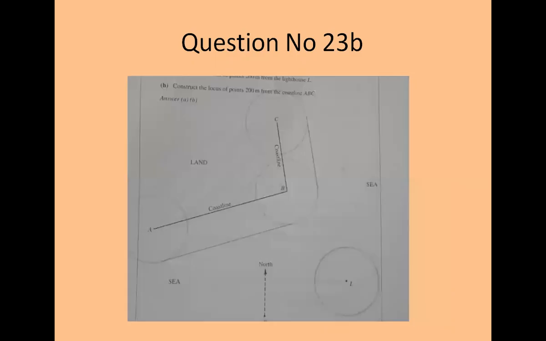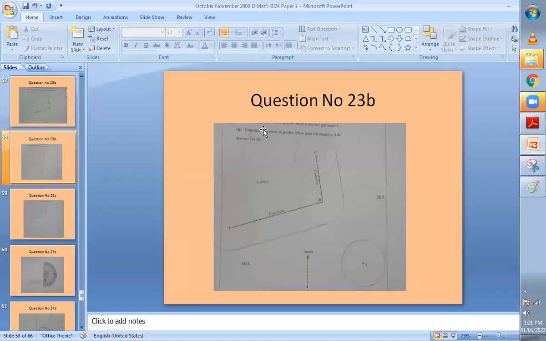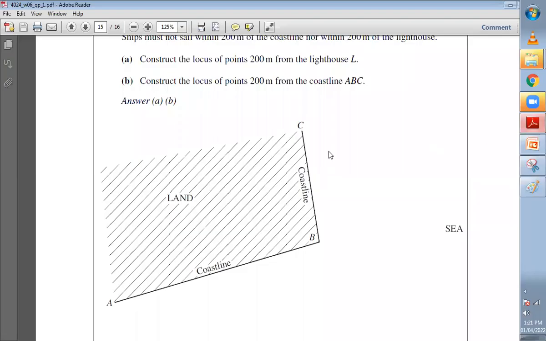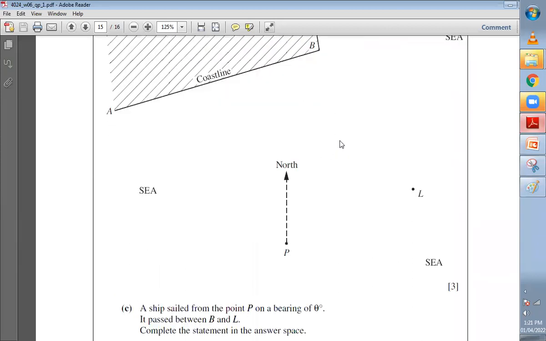Then I will draw a tangent to them. So you can see here we have drawn a tangent, and this is a curve. And here I have drawn a tangent. So this line is basically 200 meters from the coastline. This is how you do this. I think it's very simple. Hopefully you understand. Okay, the B part is done.